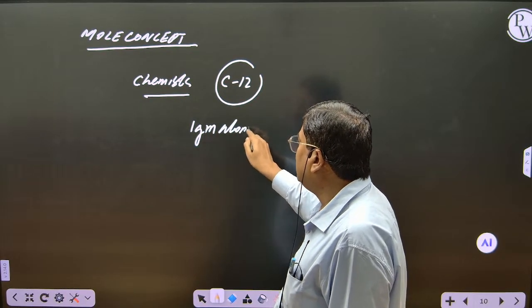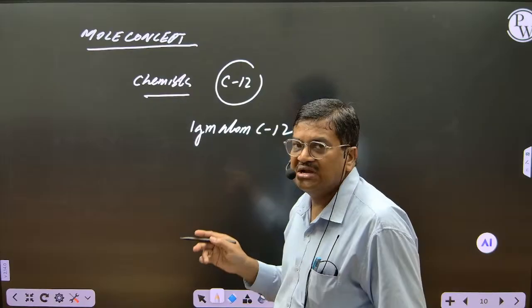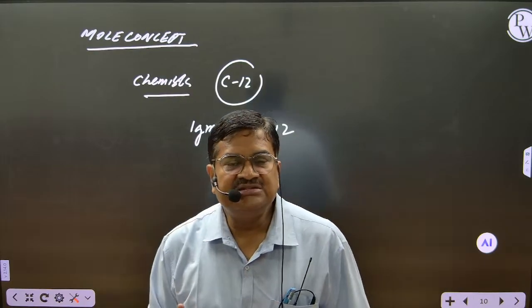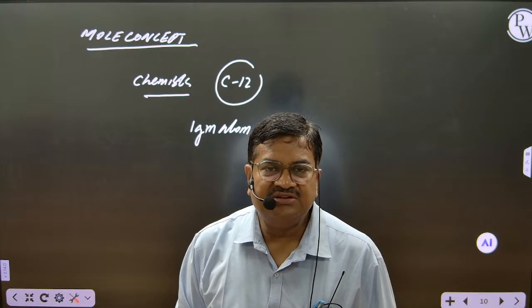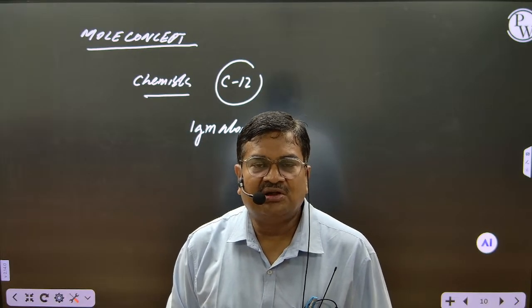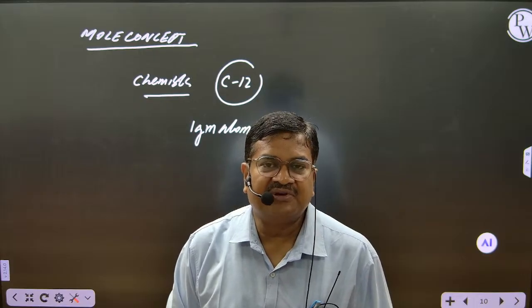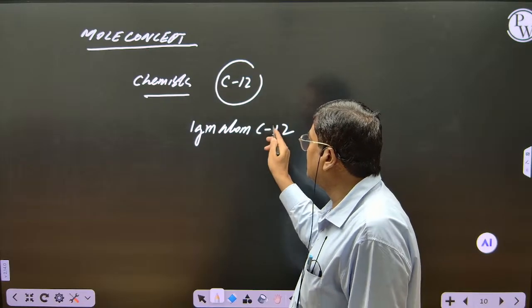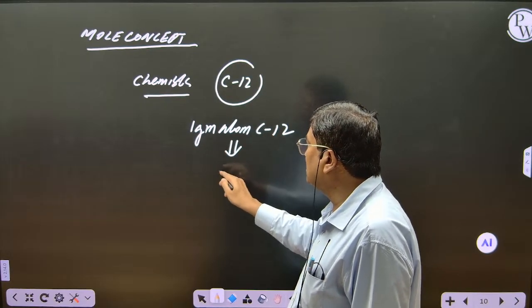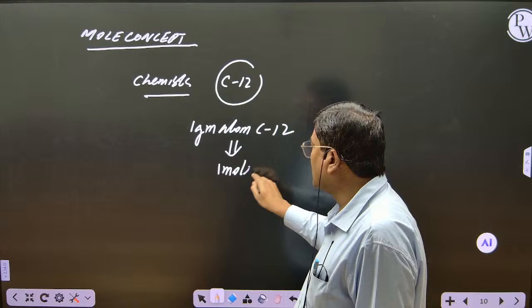So 1 gram atom of C12 means, students, can I say it is equal to 1 mole? What is the atomic mass of 1 gram atom of carbon? 12 grams, correct? So this 1 gram atom they took is equal to 1 mole. Do you agree?